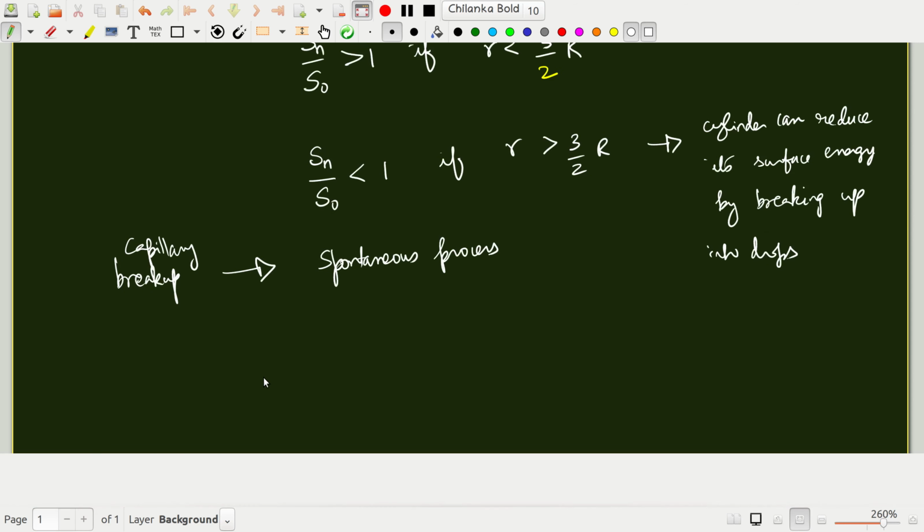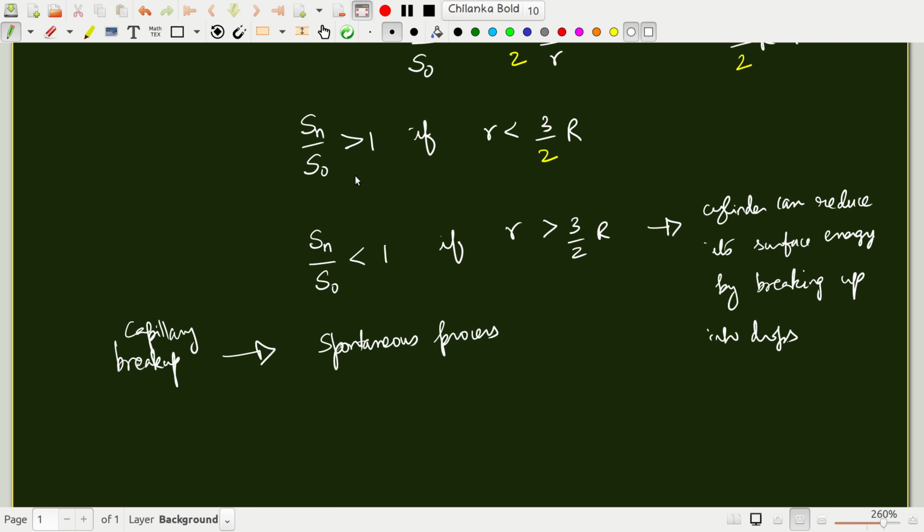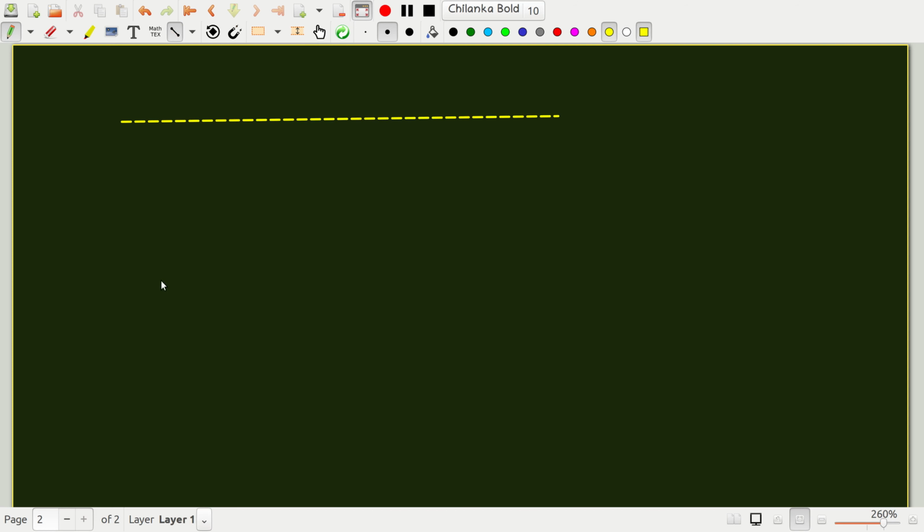Okay, now this is a very simplistic kind of argument. Let's make the argument a little bit more precise. So what I'm going to do next is the following. I'm going to do a slightly more detailed calculation of what's going to happen when you have, let's draw the unperturbed, this is the original cylinder.